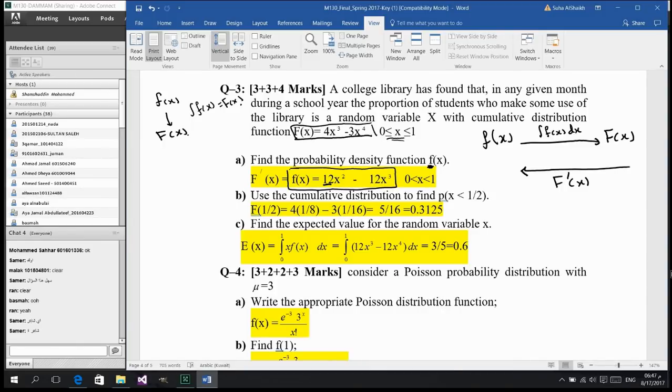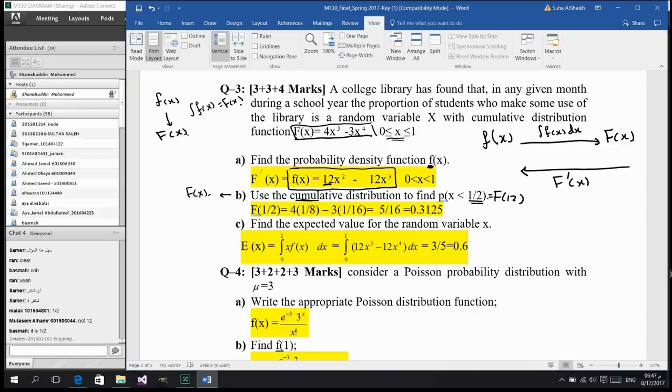Now use the cumulative. Use f capital of x to find the probability less than half. Probability less than half is nothing but f of half, right? Half it is, not 12, it is half.